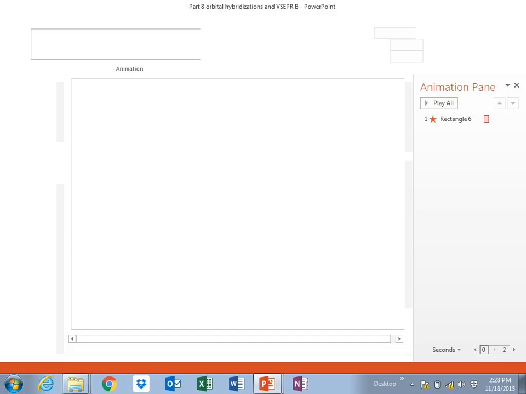You see the VSEPR. I pronounce it Vesper. You can see the acronym stands for valence shell electron pair repulsion theory. Now remember what we learned about theories: theories are not just a guess.